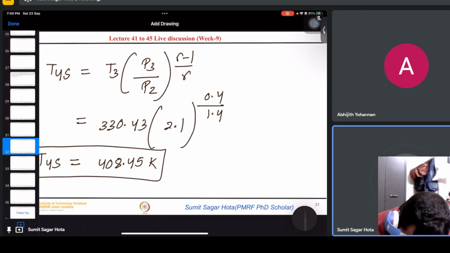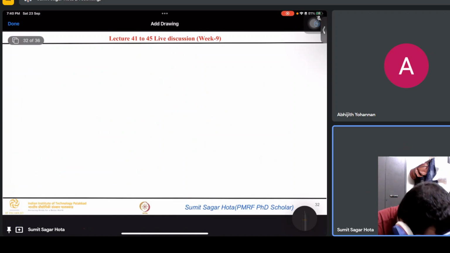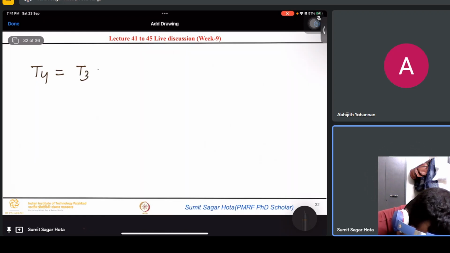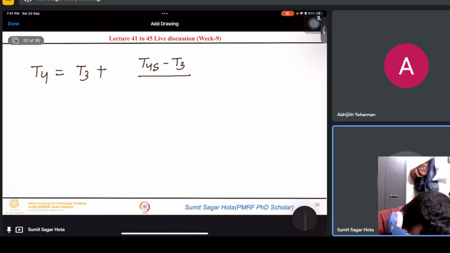In the same way, you can find T4, which is equal to T3 plus (T4s minus T3) divided by 0.9.